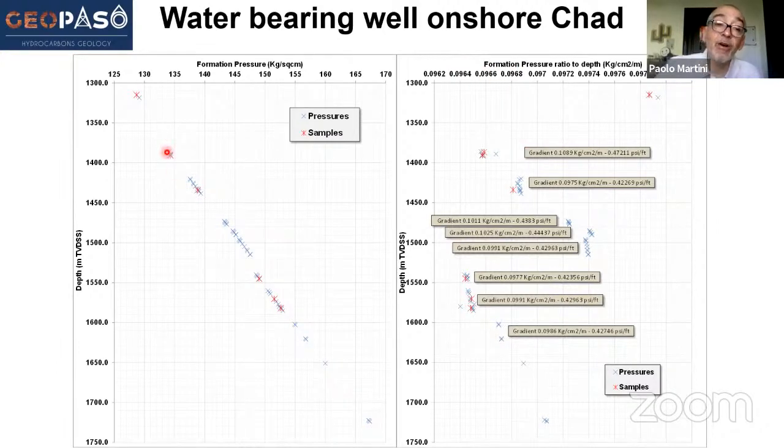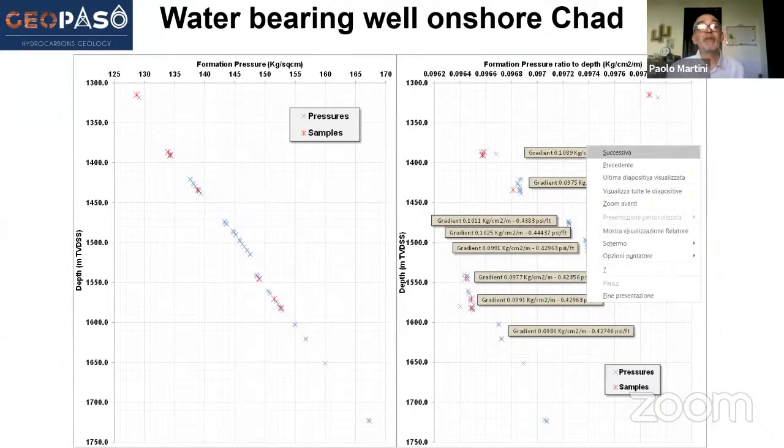It's the value of the line that I drew on the chart on the left, and I calculated the gradient for each of these little intervals. So that's why these values, when you calculate the ratio between the pressure and the depth, have no real physical meaning. They are just useful to build the chart, but they should not be regarded as meaningful.